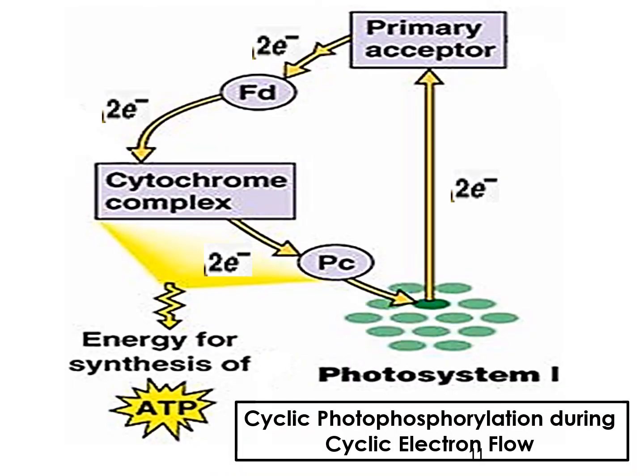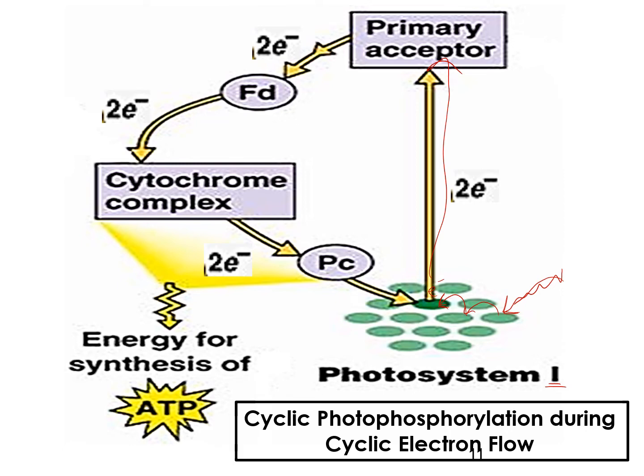This is cyclic photophosphorylation that involves only PS1. So it involves cyclic electron flow. As before, the photon is absorbed by the accessory pigment and then transferred to the reaction center. The primary pigment will receive the photon and excite the electron towards the primary electron acceptor.